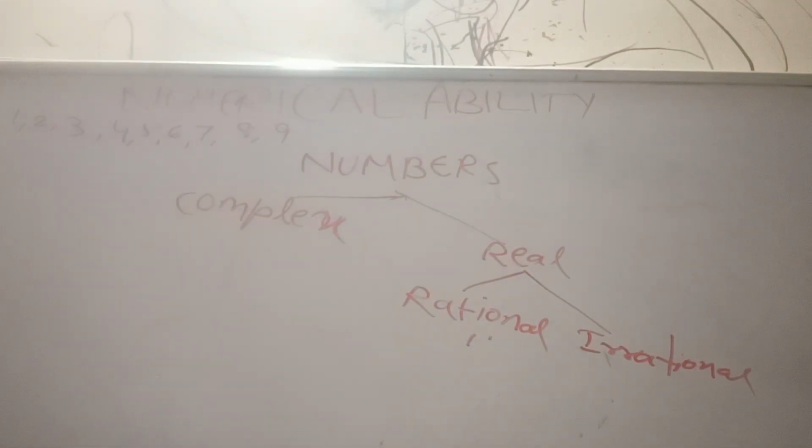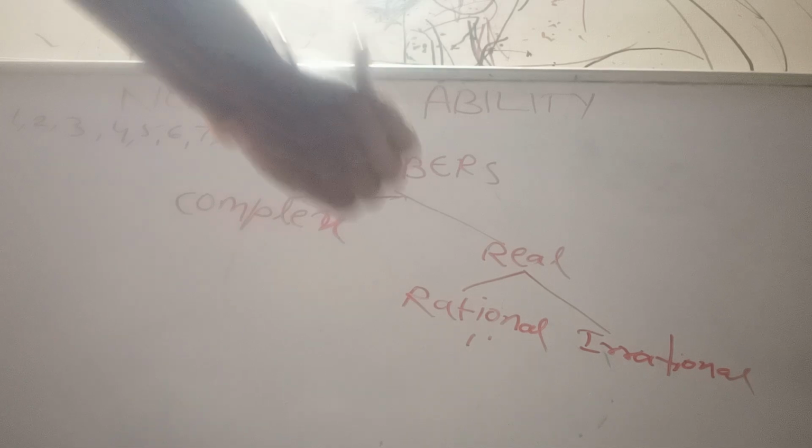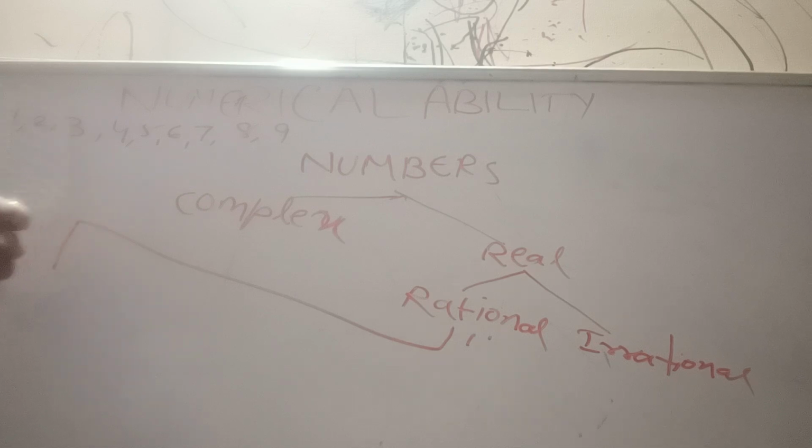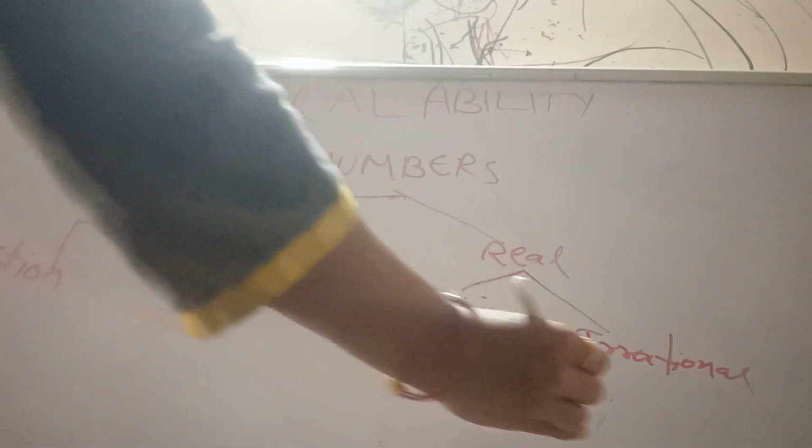Again, rational number is divided into two parts. One is fraction, another is integer.